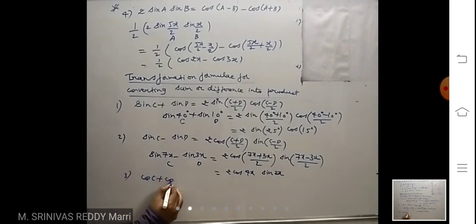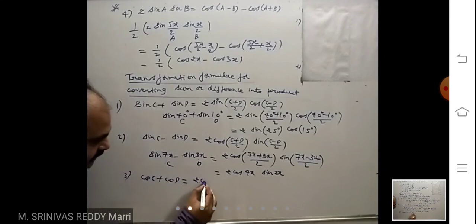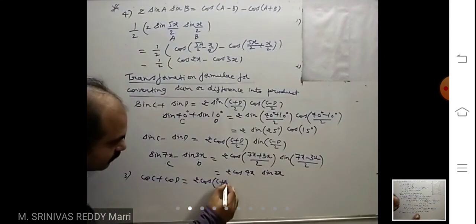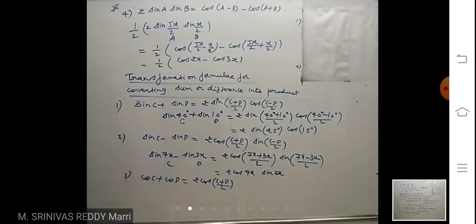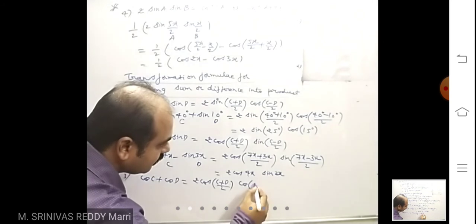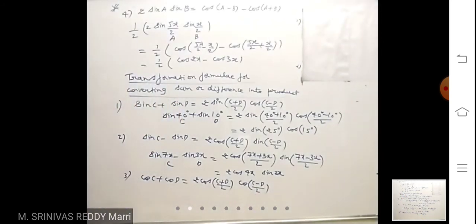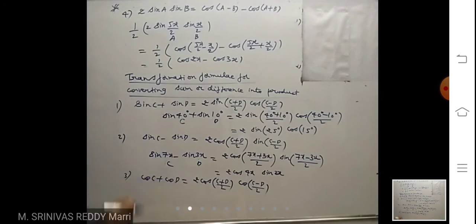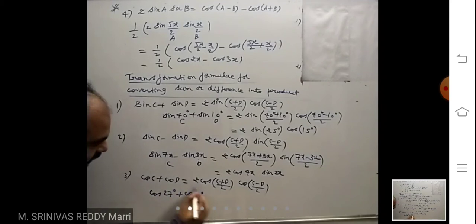Now look at cos C plus cos D. So two cosines will be there, sum. That means the formula is 2 cos C plus D by 2 cos C minus D by 2. So this is C, this is D. If two cosines are there in between plus, that can be converted into product by using this rule. Suppose cos 27 degree plus cos 13 degree.